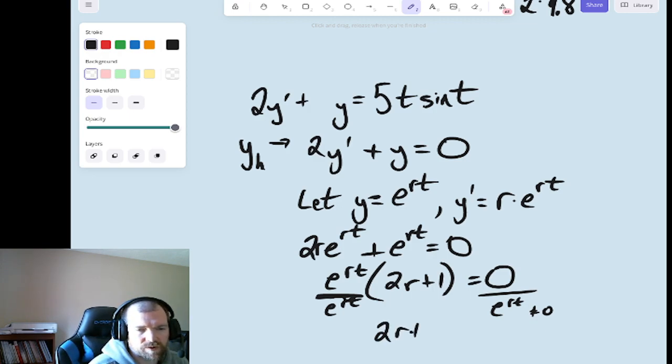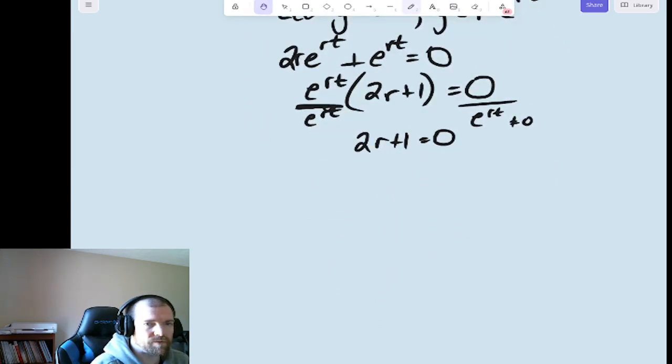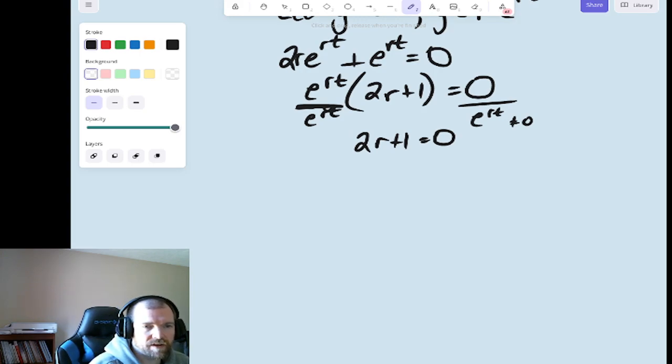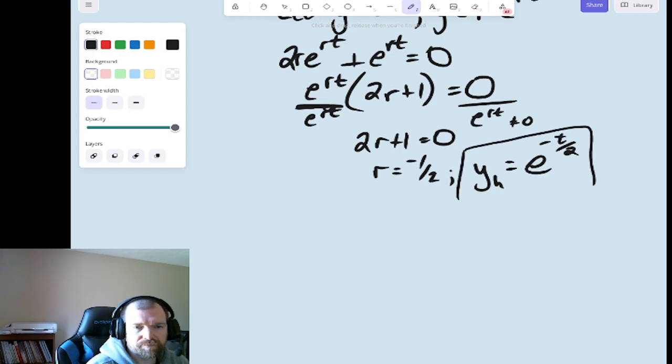That leaves us with 2r plus 1 is equal to 0, so r is going to be negative 1/2. Therefore our homogeneous solution is e to the negative t over 2, or e to the negative 1/2 t, however you want to write it.